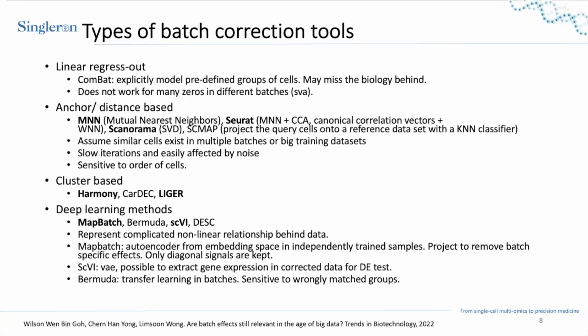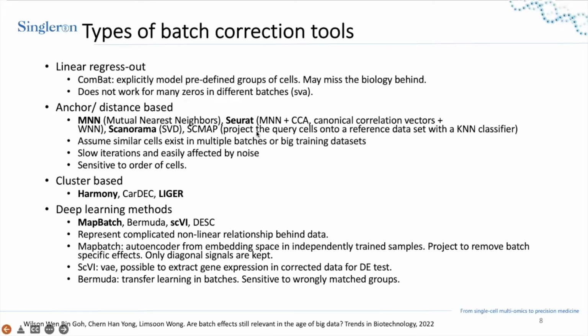In this example, we didn't test ComBat, and it also does not work when there are many zeros in different batches. The other three groups of batch correction tools are more recent developments, starting with anchor or distance-based tools. For example, MNN uses mutual nearest neighbors to do the batch correction.